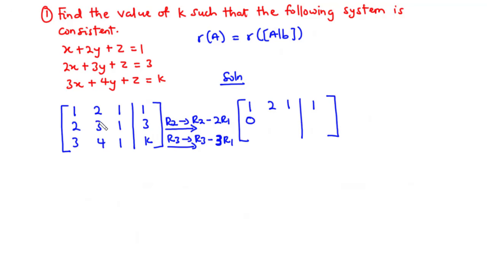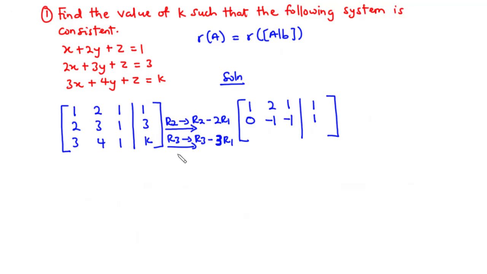We have 3 minus 2 times 2. 2 times 2 is 4. So 3 minus 4 is negative 1. And then 1 minus 2 times 1. 2 times 1 is 2. So 1 minus 2 is negative 1. And then 3 minus 2 times 1. 2 times 1 is 2. So 3 minus 2 is 1.